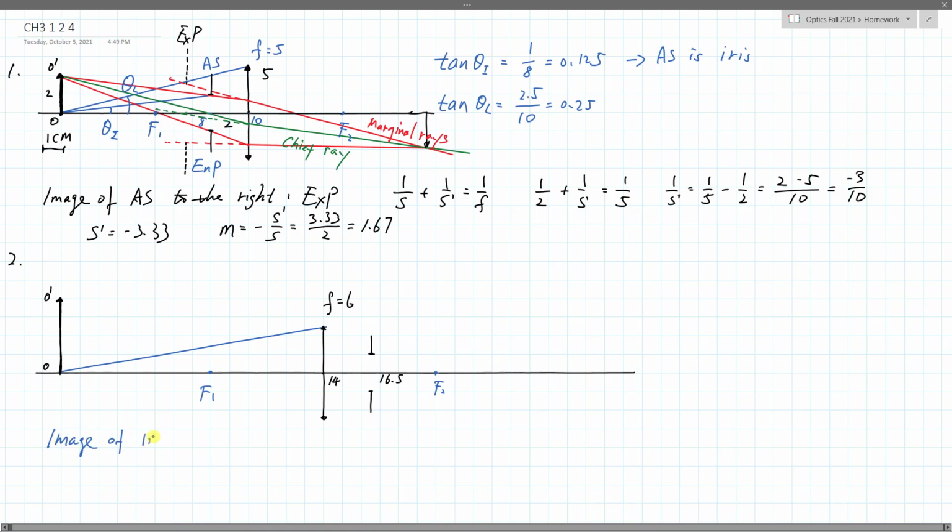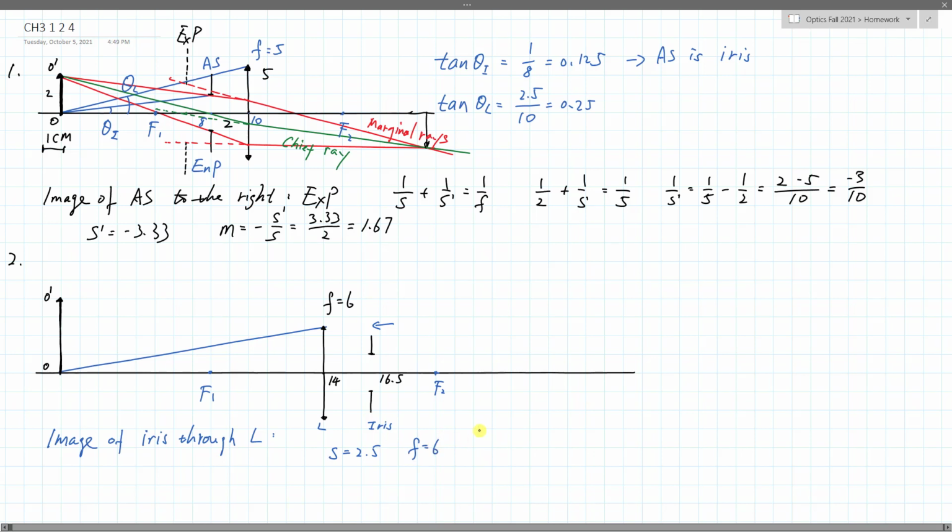the image of the iris through all the optics, the imaging element prior to it, to its left, through L. So here's the lens, here's the iris. Okay, so we must image from right to left. So the object distance, let's have a list, the object distance is equal to that distance, 2.5, positive, because we're going this way. So 2.5, and focal length is 6.